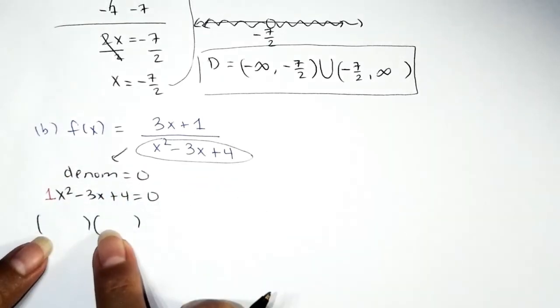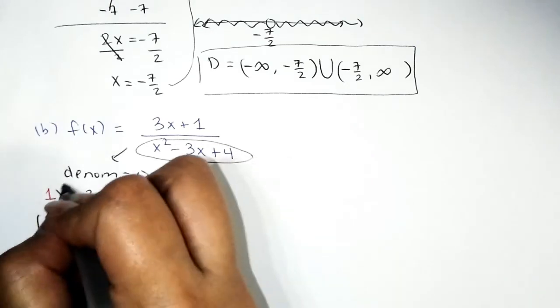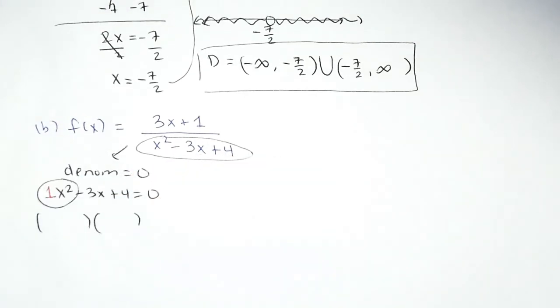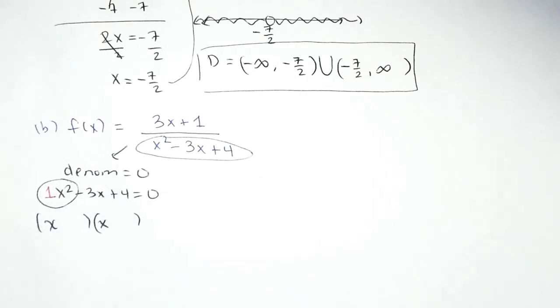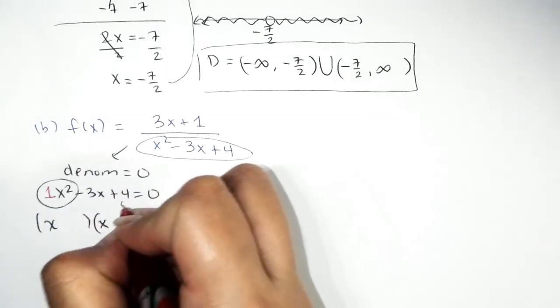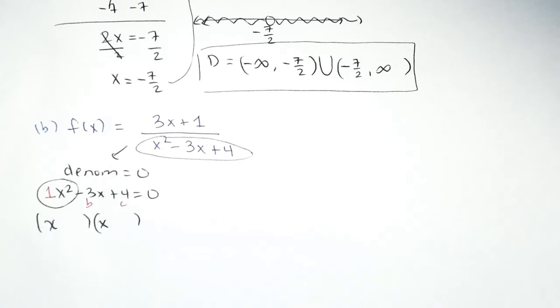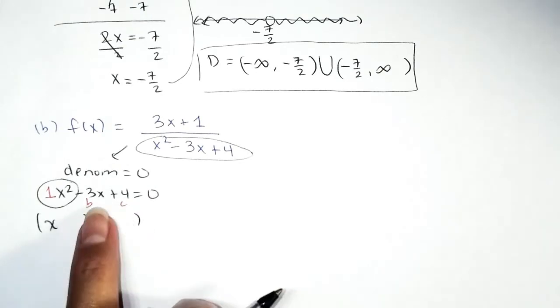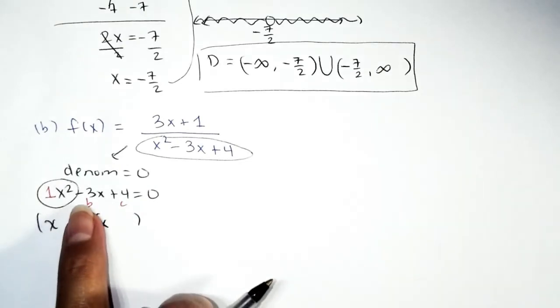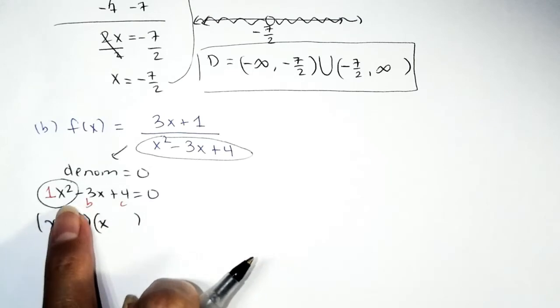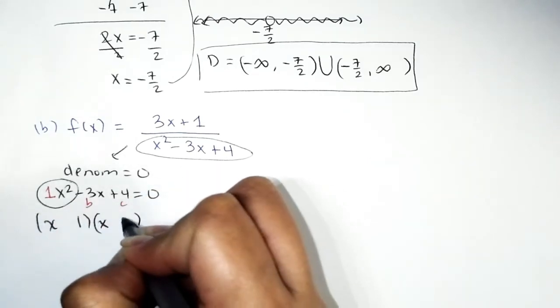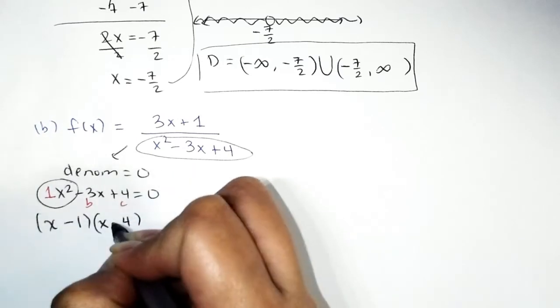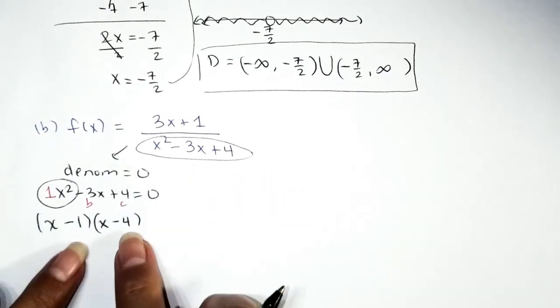The product of the first terms should give us x squared, so we will use variable times itself. To complete the binomial factors, we want factors of c that add up to b. Factors of 4 that add up to -3. Those are going to be 1 and 4, where both are negative. So let's check it.